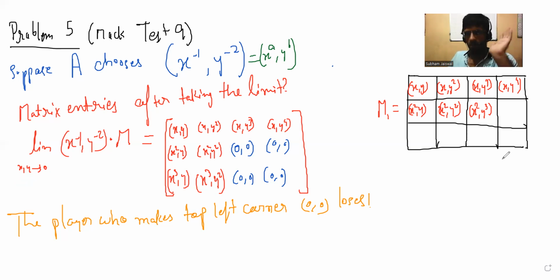For example, if all of these have become 0, then whoever's move it is, if he picks this, the other person who makes the move after that will lose. Or if all but one is 0, then the person who's going to make a move will certainly lose, no doubt.